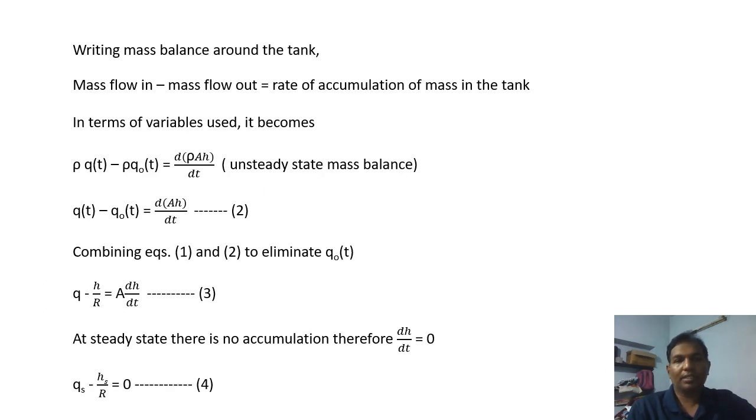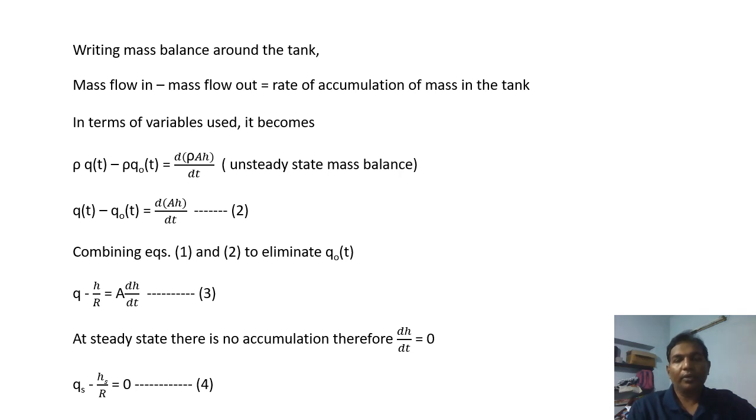Coming to the next slide, we are going to write the mass balance around the tank. What is mass balance? That is rate of mass in minus rate of mass out is equal to rate of accumulation of mass inside the tank.